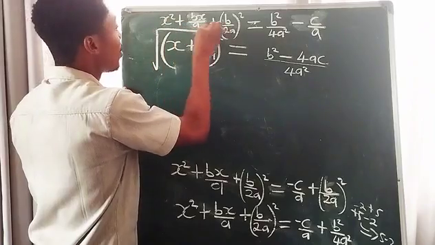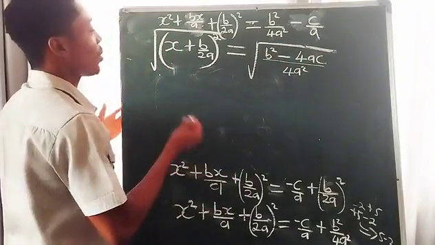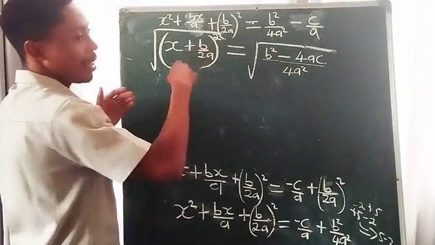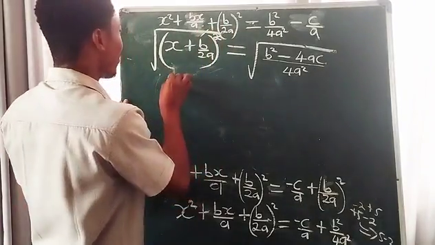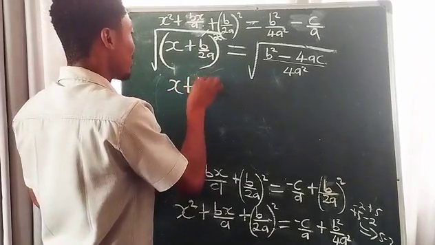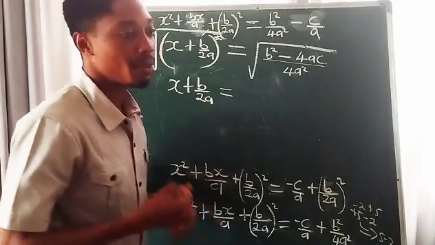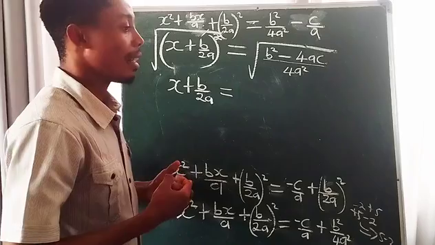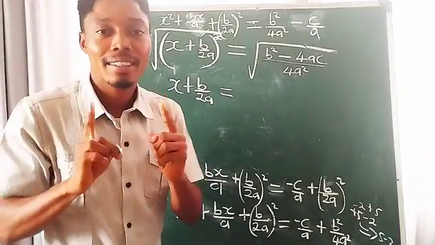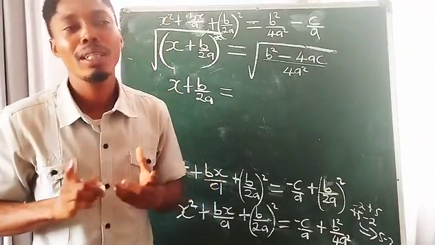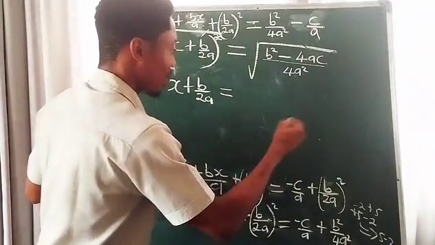You can see that if I'm taking the square root of a squared expression, the square cancels the square root. So what I have left here is simply x plus b all over 2a. And then what I have here, now I want you to know something. It's important to note that if I take the square root of an expression, the answer could be a positive or a negative answer. For example, just look at this.